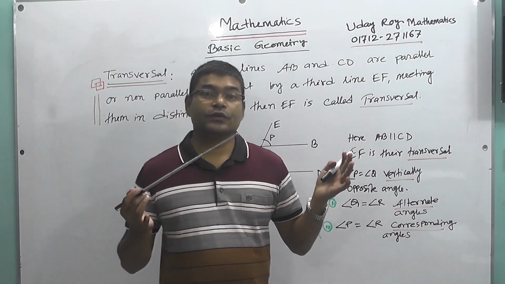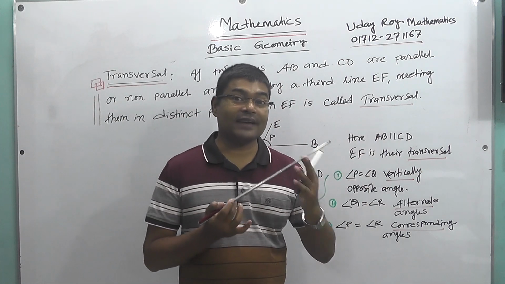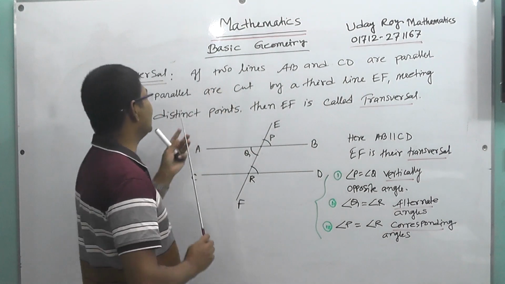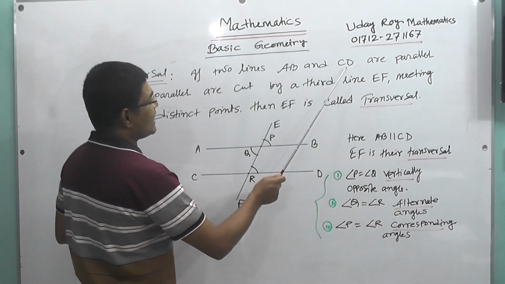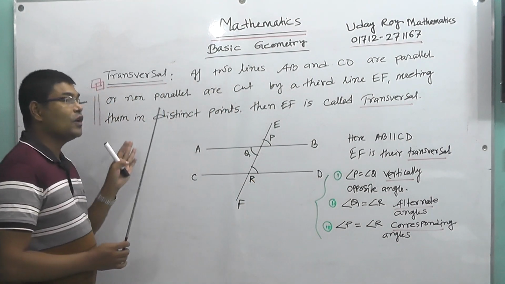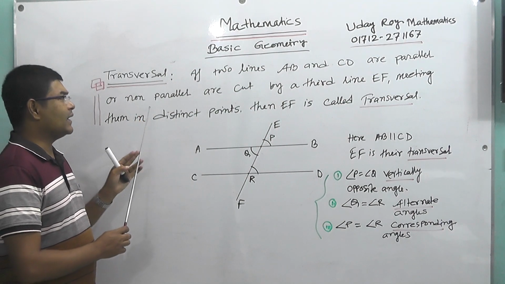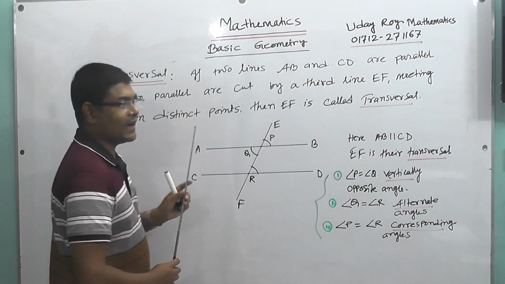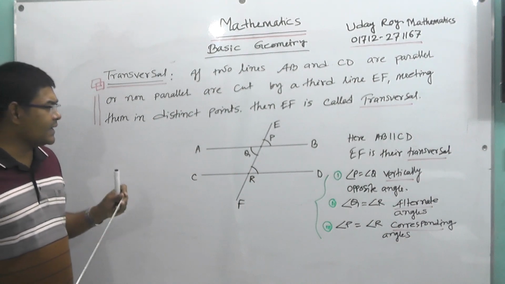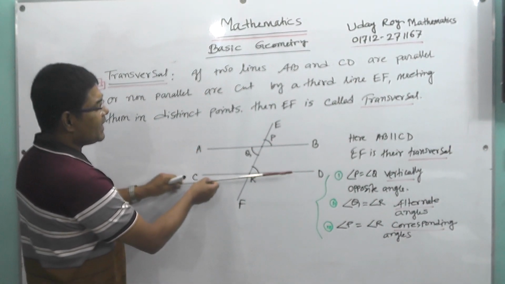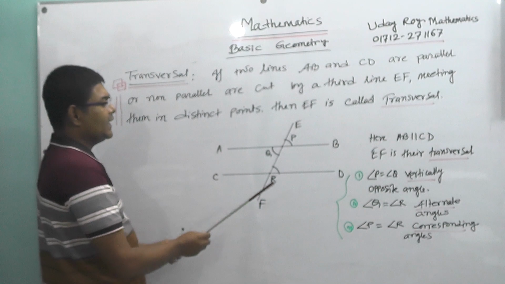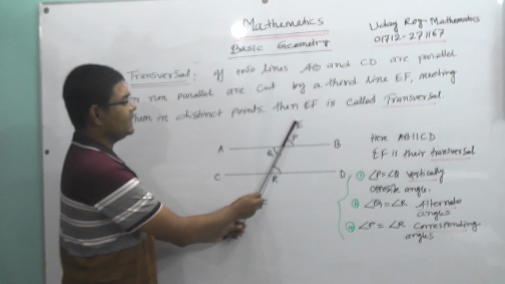If two lines are cut by a third line, so you can see two lines AB and CD, parallel or non-parallel, cut by a third line. Here AB and CD are parallel, cut by a third line EF.